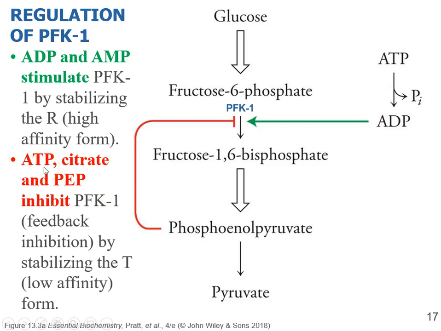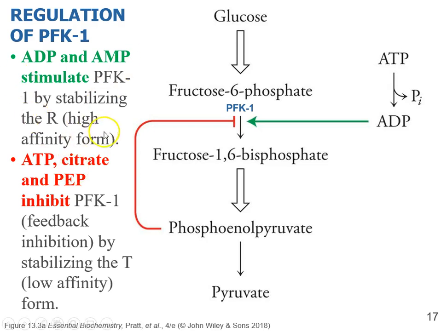ATP indicates that the cell is energy rich and we don't need ATP, so that will serve as an allosteric inhibitor. So remember, the way that this works is that the allosteric activators, which I've highlighted in green here, stimulate PFK1 by stabilizing the R form.